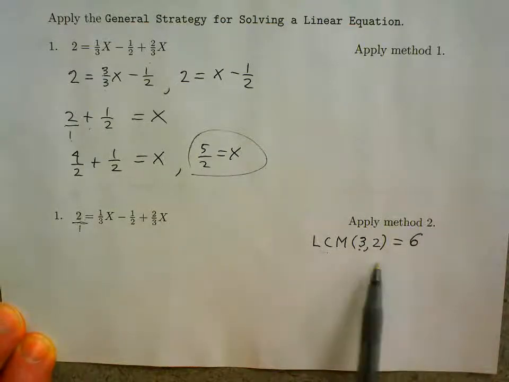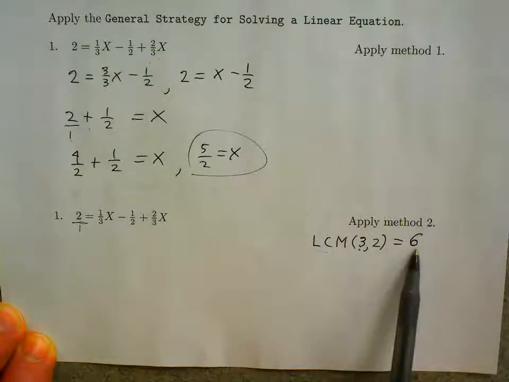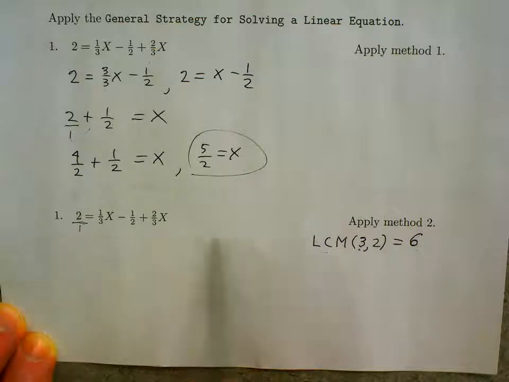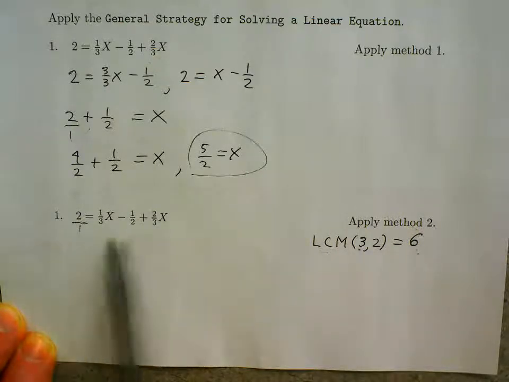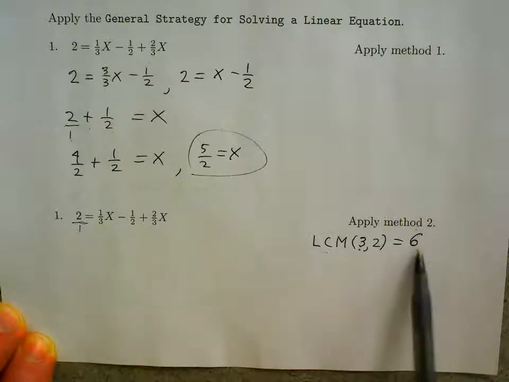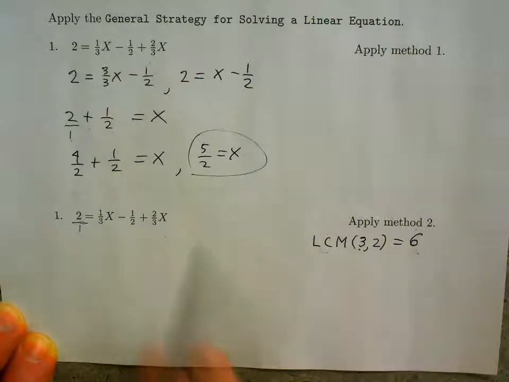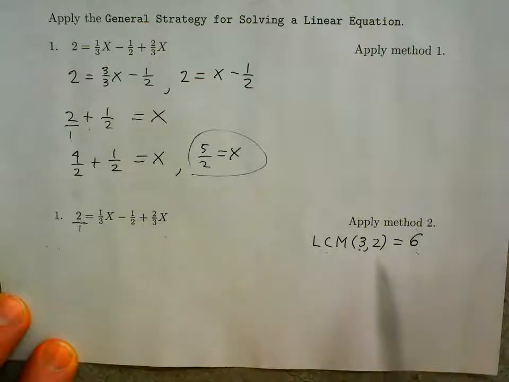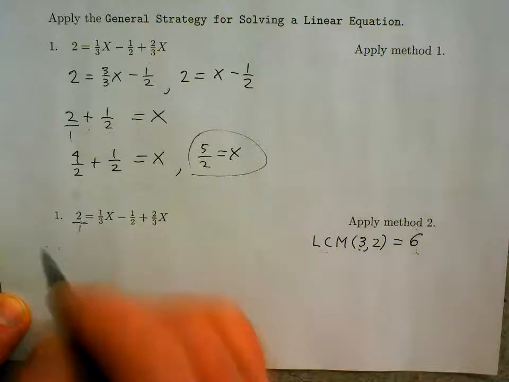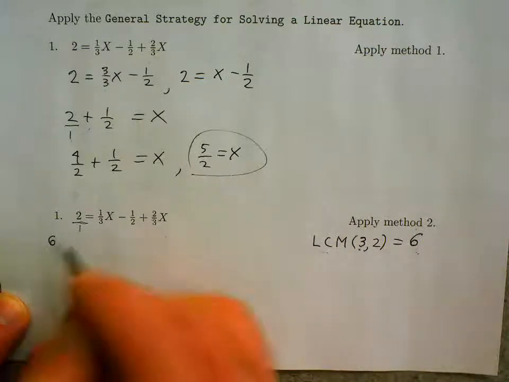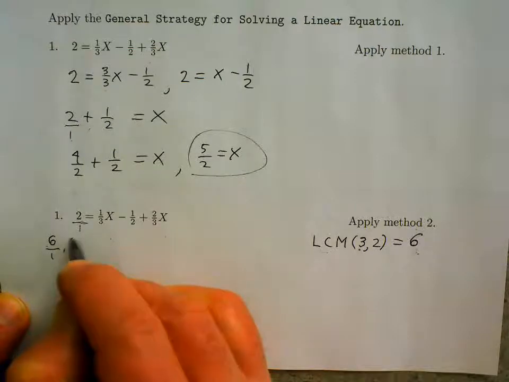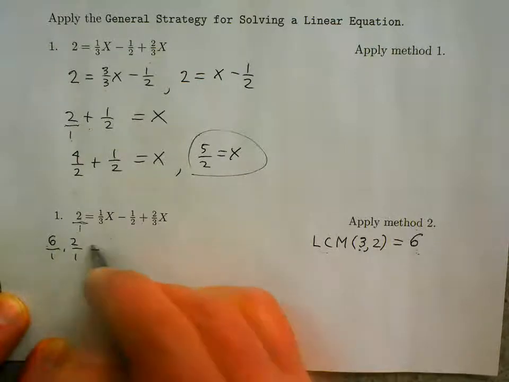Okay, so now that we have found the least common multiple of all of the denominators, in this method, we multiply every term on both sides of the equation by the least common multiple, or the least common denominator. So multiply 6/1 times 2/1 on the left-hand side.